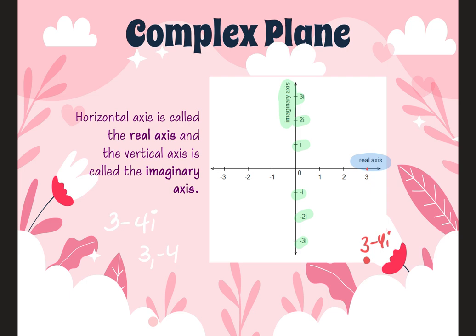Looks just like a regular point. Okay, you just have to know that if it's reversed, if it said negative 4i plus 3, I always know the one with the i comes second. So that's my vertical axis. You don't do a comma, you just plot it that way, but you treat it as though it was like a comma.